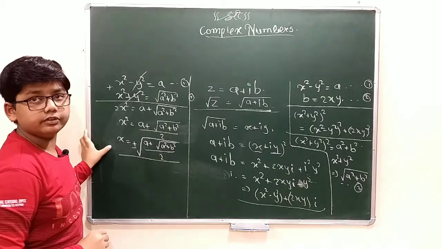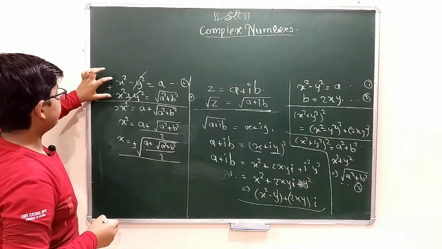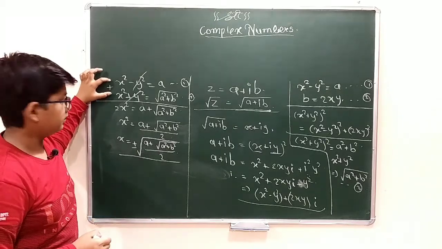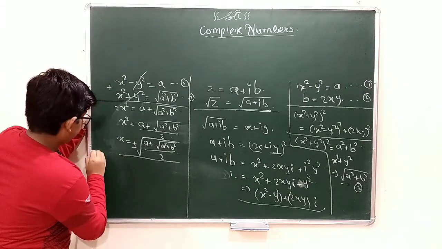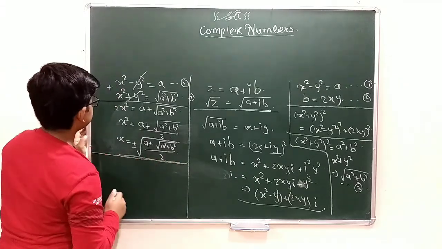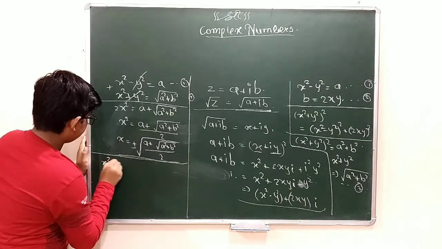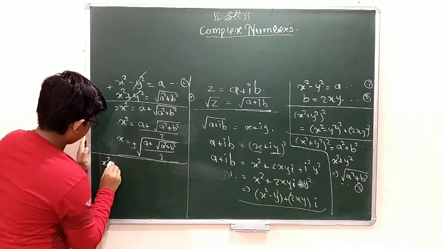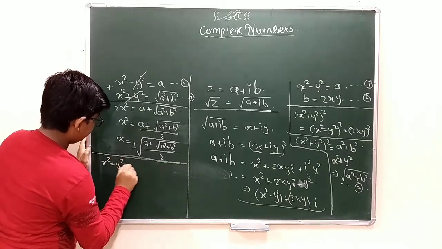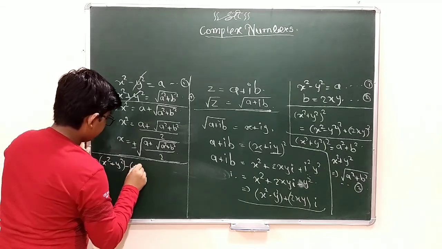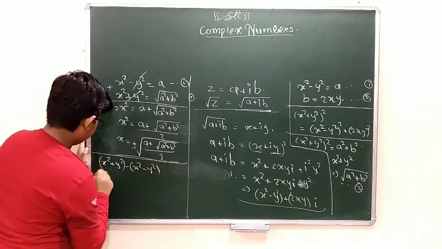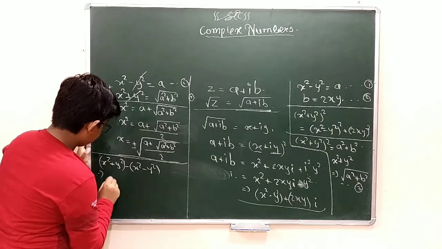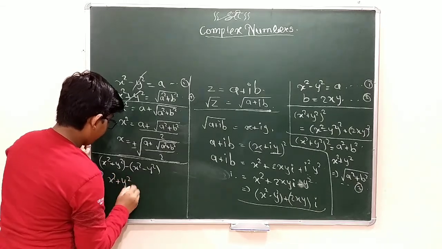Now what about the second value, that is y squared. Now if we subtract these two equations, then on LHS we will get x squared plus y squared minus x squared plus y squared.